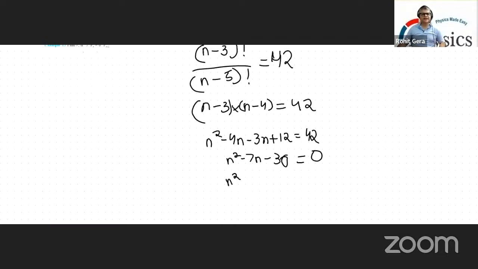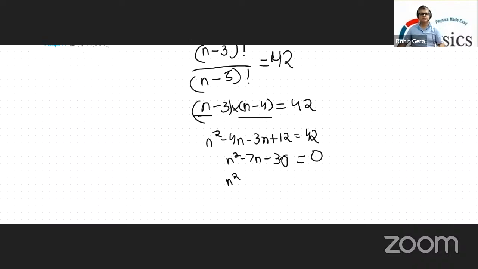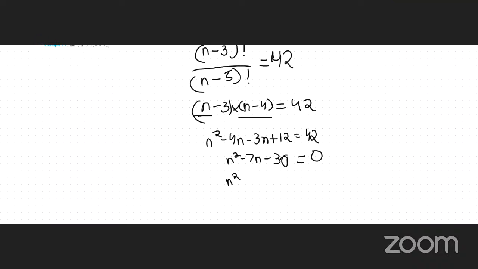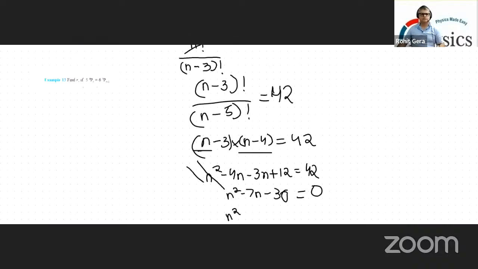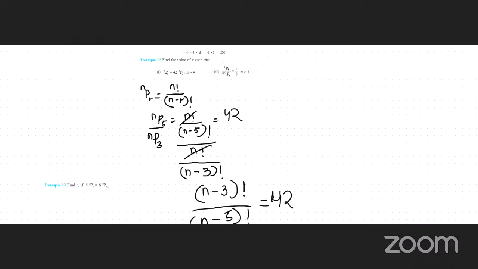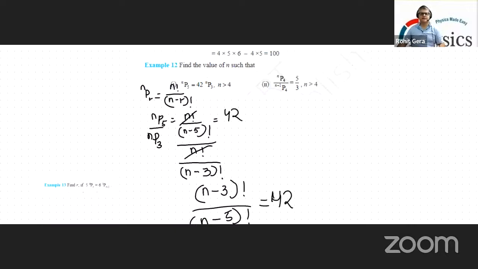Split the middle term: minus 10n plus 3n. Otherwise, you can make out that if n is equal to 10, this equation is satisfied. So n is equal to 10 is the answer. The second root is ignored because n is greater than 4.